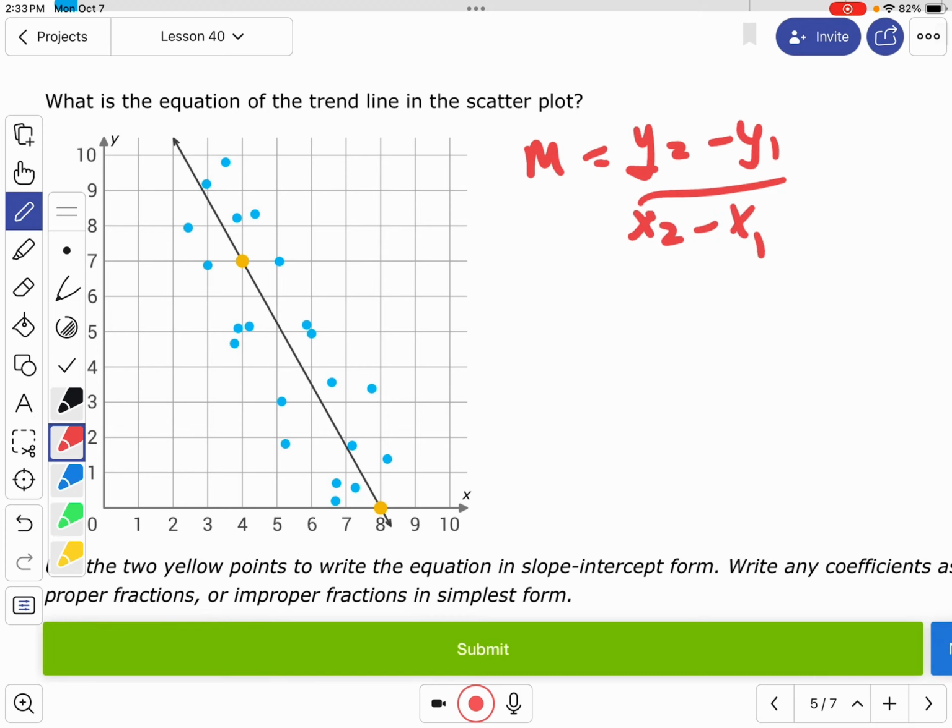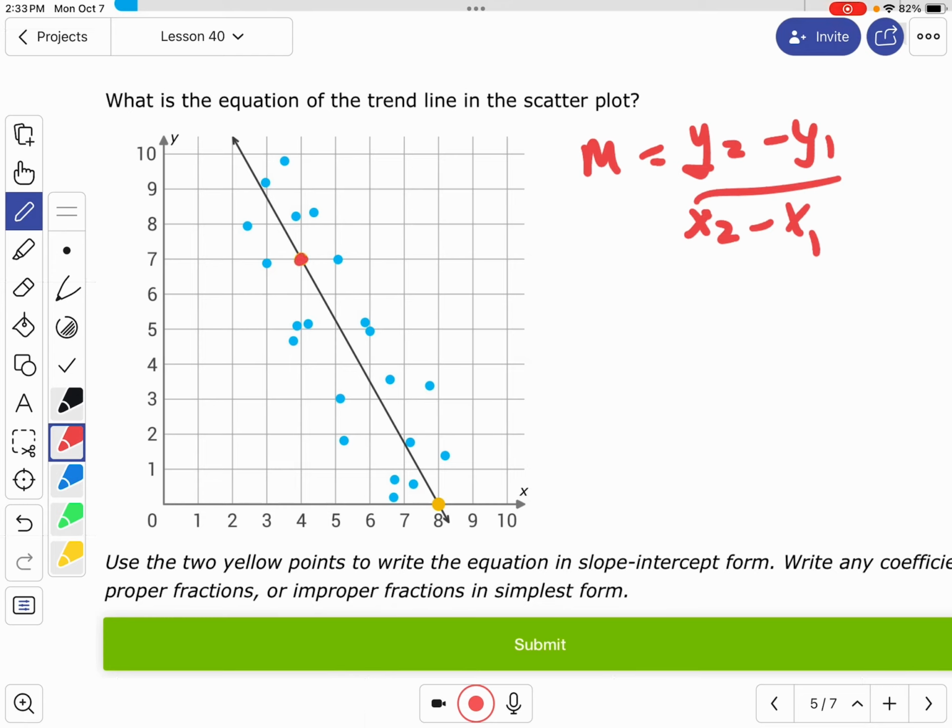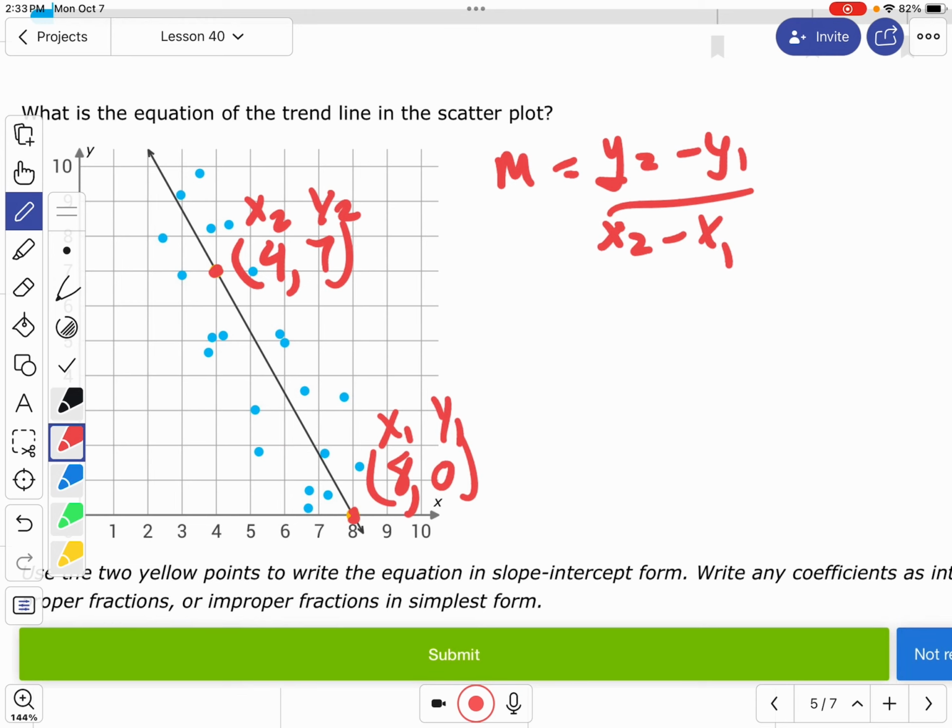Let's mark these points out. This is going to be 4, 7. We'll call this x2 and y2. This point right here is 8 and 0. We'll call that x1 and y1. So let's plug them into the equation.